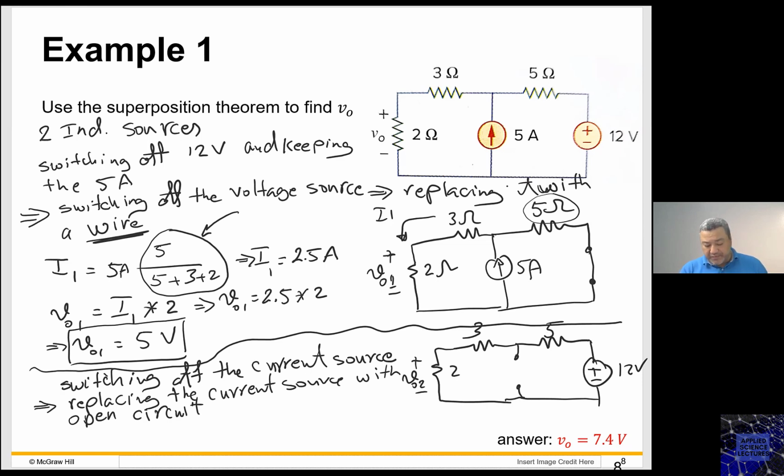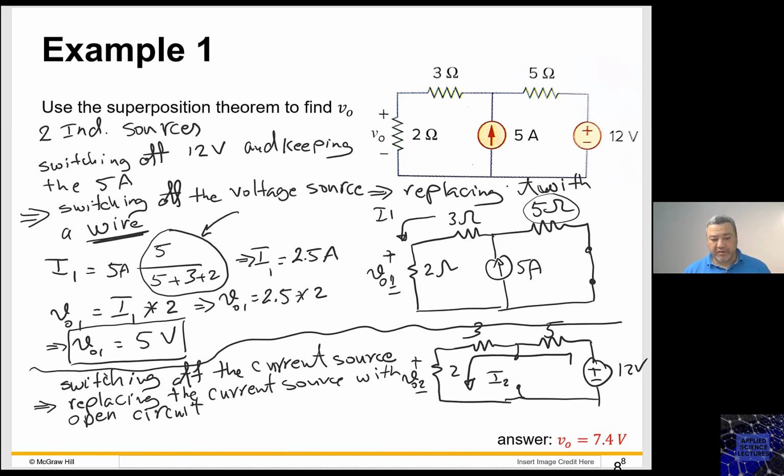So in this case, I have a circuit that is in one loop. I have now 5, 3, and 2. All of them are in series, and they have one current. Let me call this one I2.